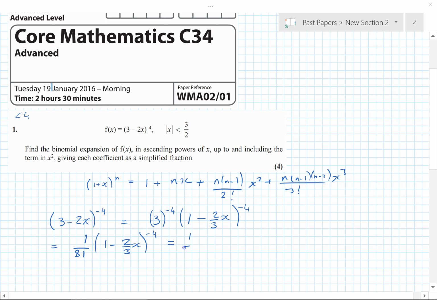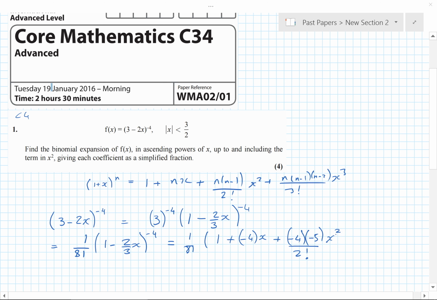So it's 1 over 81, and the first term is 1, plus, now obviously n is minus 4 here, so that's minus 4x. Let's write it out, plus minus 4 times minus 5, because that's n(n minus 1) over 2 factorial x squared.